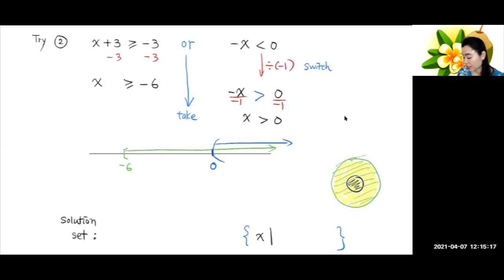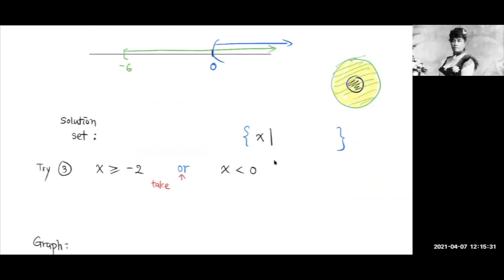So we take the union of them. What's the union of the green and the blue part? Bracket -6, comma, infinity, bracket, union, parenthesis, 0, comma, infinity, parenthesis.